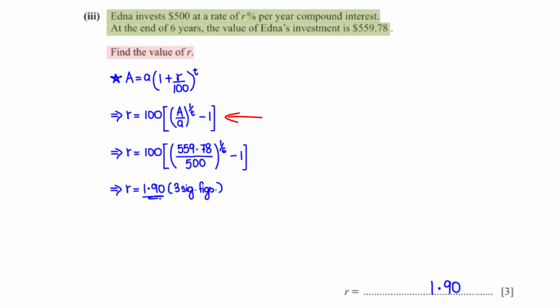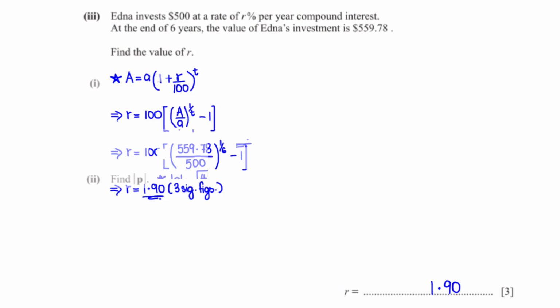Big A represents the total amount of money at the end of the investment, which is $559.78. Small a represents the initial amount invested, which is $500. T is the time duration, and that is 6. So when we type this into the calculator, we get R equals 1.90, correct to 3 significant figures.